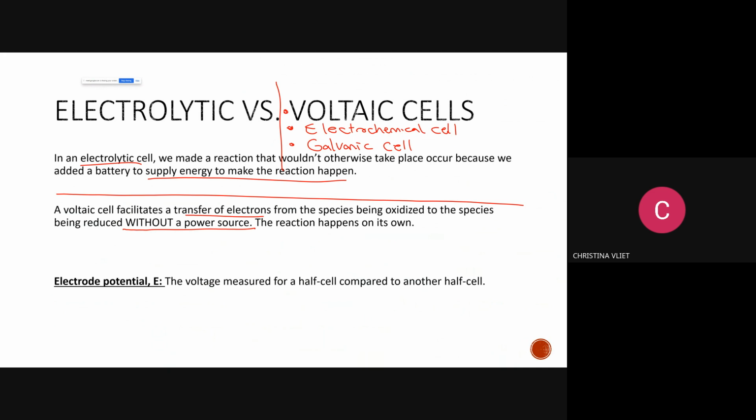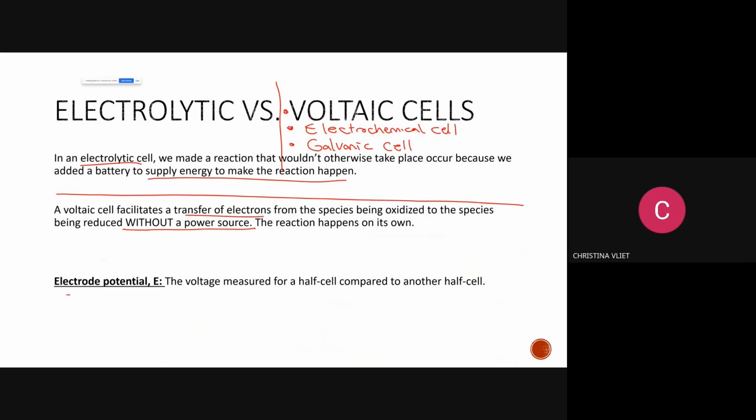There is no battery. The actual electricity and the voltage that's created will be from the reaction that's happening on its own. So this will be the chemical energy that's transferring into electrical energy. And that's how batteries work. Like standard batteries are voltaic cells.